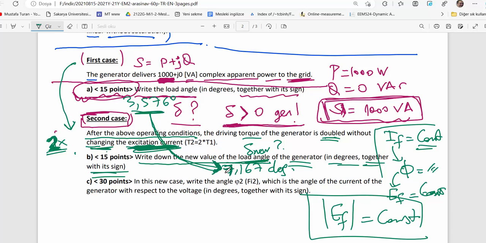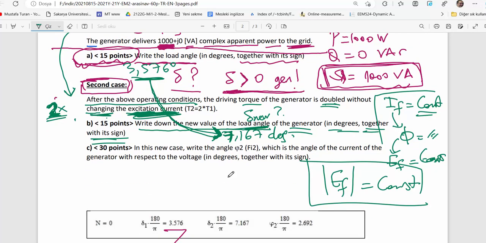When load angle reaches 90 degrees, the synchronization between those two magnetic fields, the stator and rotor magnetic fields, will be lost. After that, the generator can deliver no power to the system. That is a kind of fault. The generator must be tripped off from the grid.